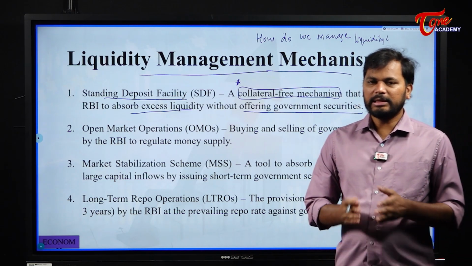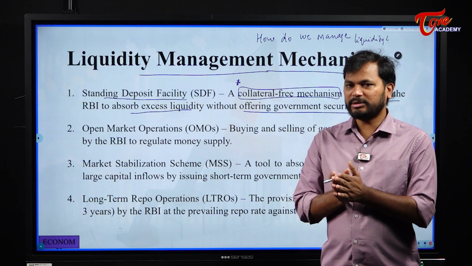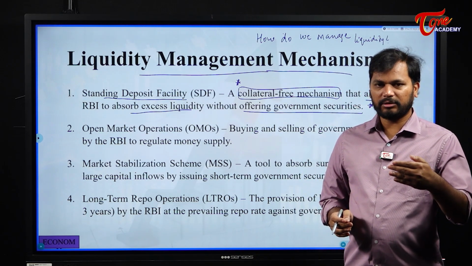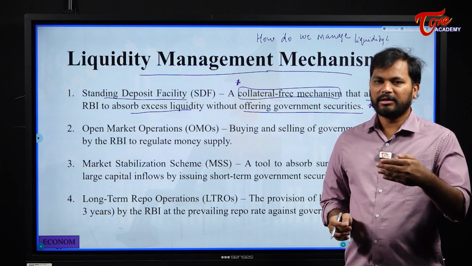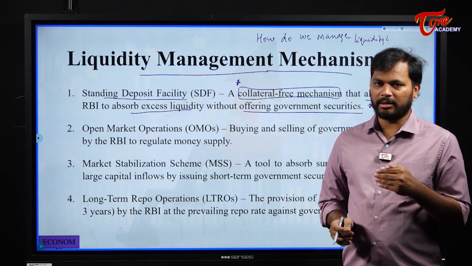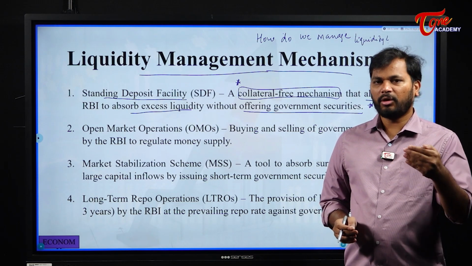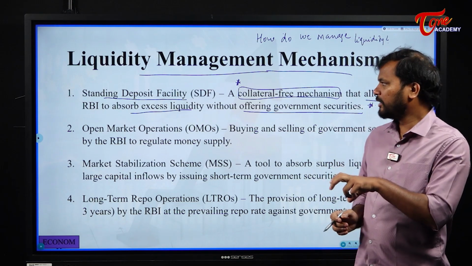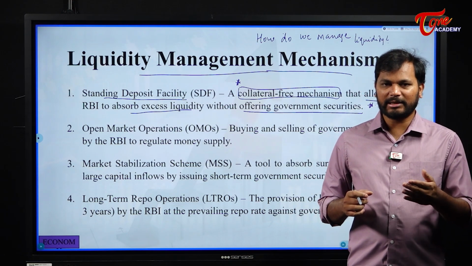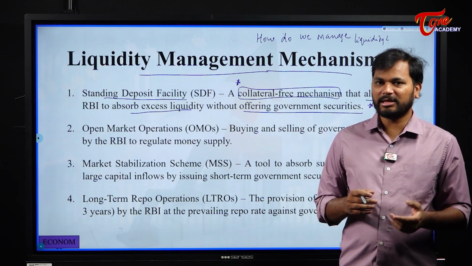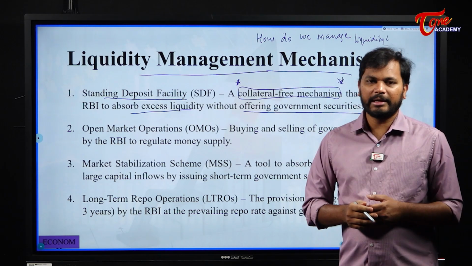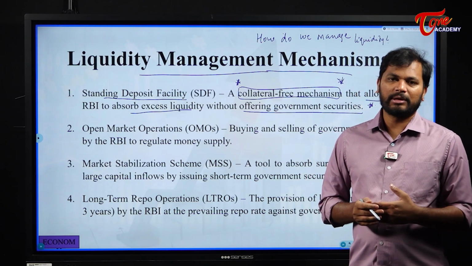See, SDF, standing deposit facility, is nothing but, generally when the government or the RBI or any entity wants to take a loan from anywhere, they need to give a collateral in the form of government securities or bonds. But here the RBI is trying to extract the money from the market where there is increased circulation without any collateral, without any government securities.